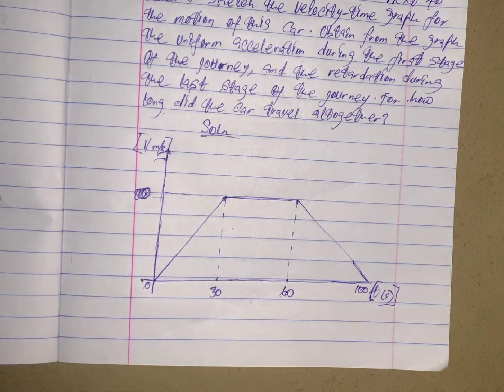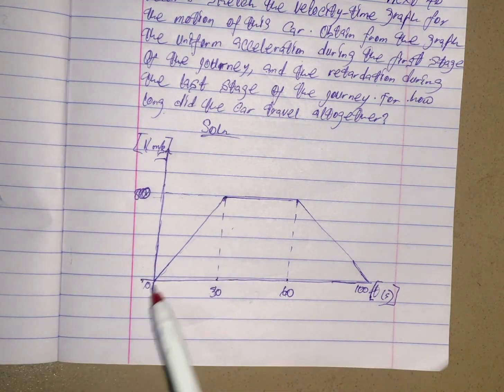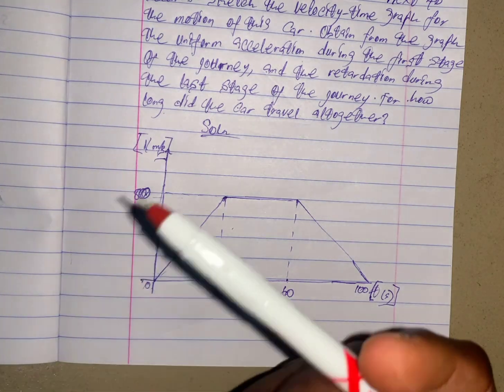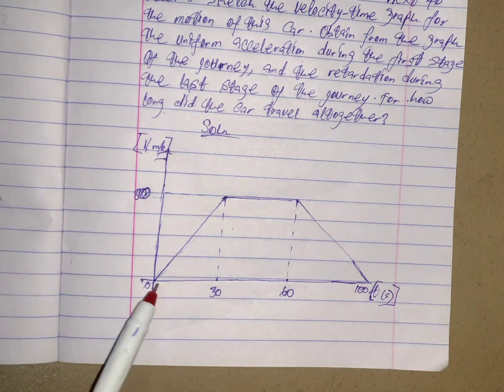And to do so, we already know that acceleration is change in velocity over time. So we have to find the gradient of this line. The gradient of this line is just the acceleration of this question, and the gradient of this line is the same thing as change in velocity over time.